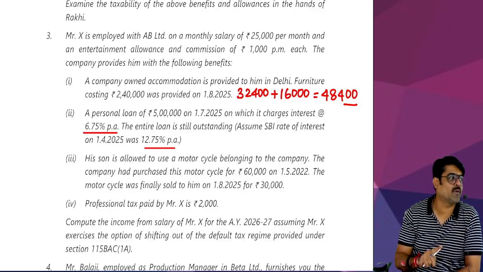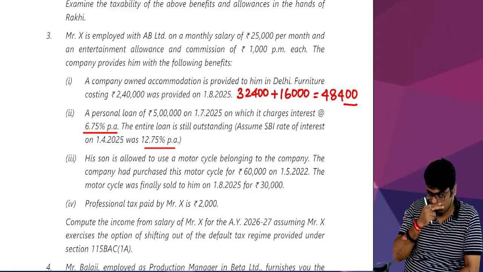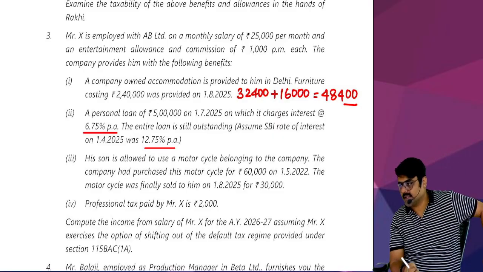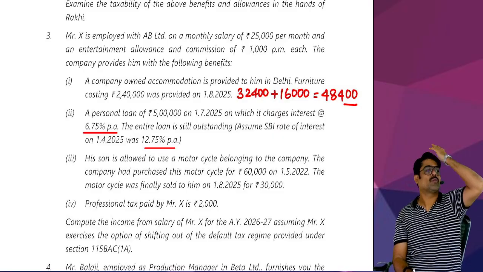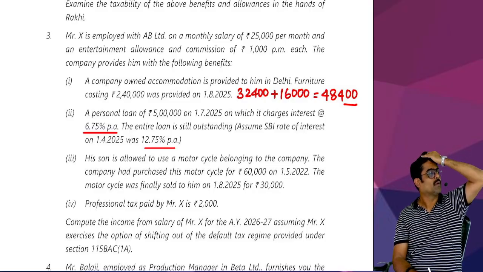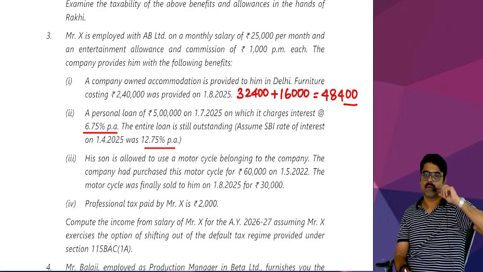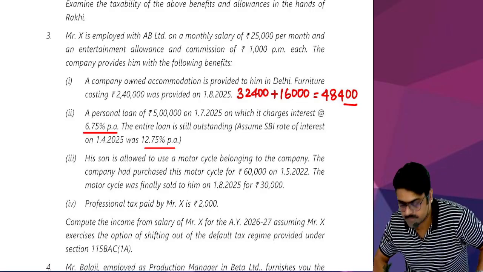This interest benefit you have to apply on the loan amount outstanding every month, as on the last day. How much was the loan when the loan was taken? So for April, May and June, 3 months, no loan is there? No loan. So no interest benefit. April, May and June. July month, how much loan is outstanding?